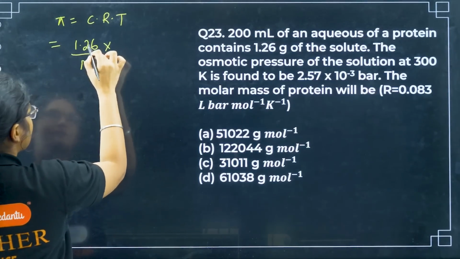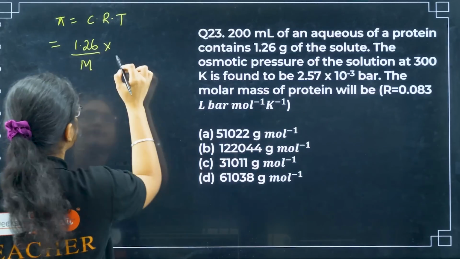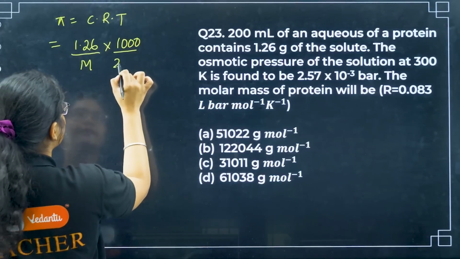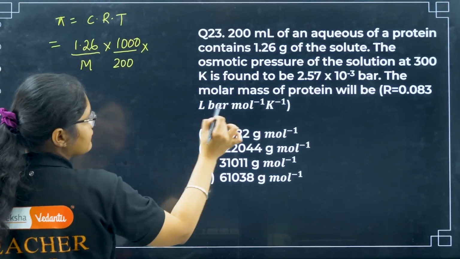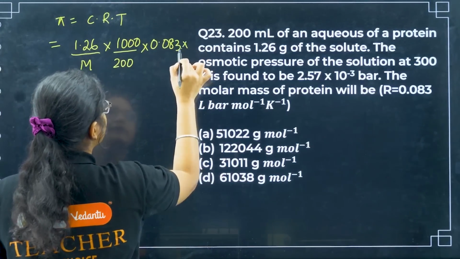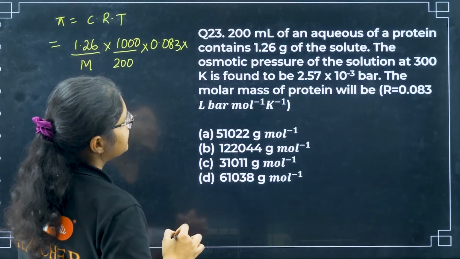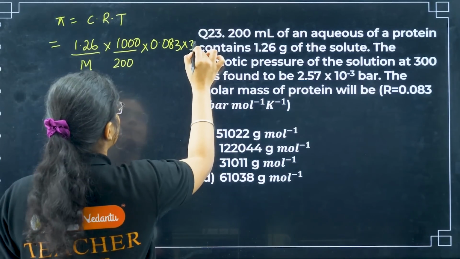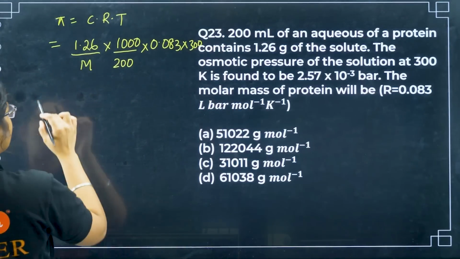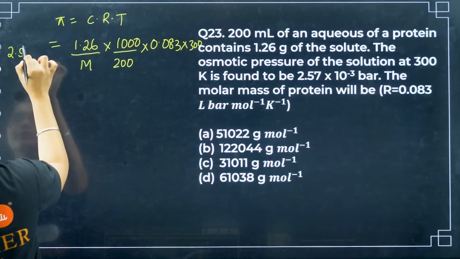Okay. Given mass by molar mass, into 1000 by what is the volume? 200. Next, R value is 0.083, and temperature is how much? Not mentioned anywhere, 300 Kelvin, and this is equal to 2.57 into 10 to the power of minus 3.